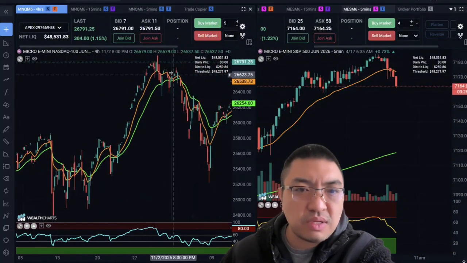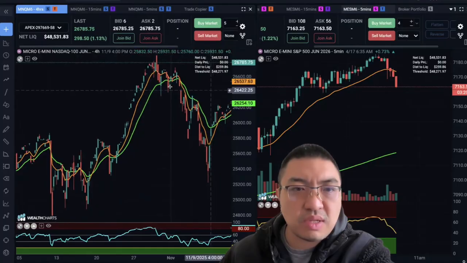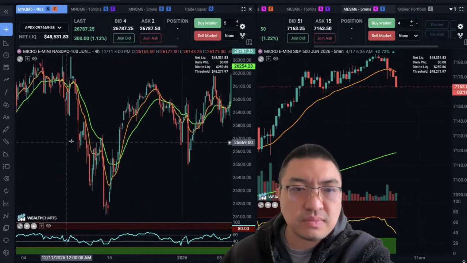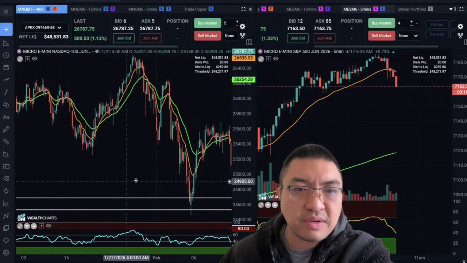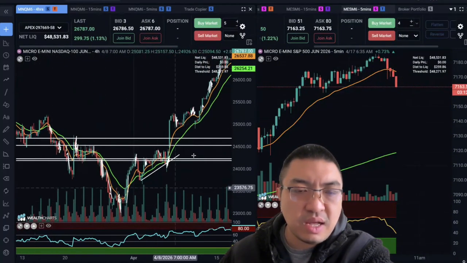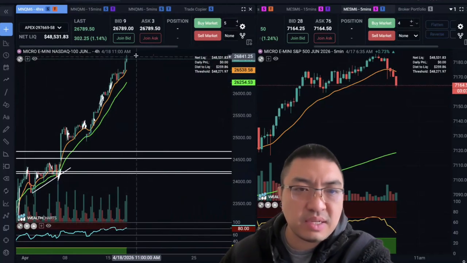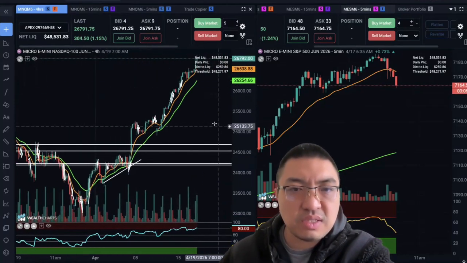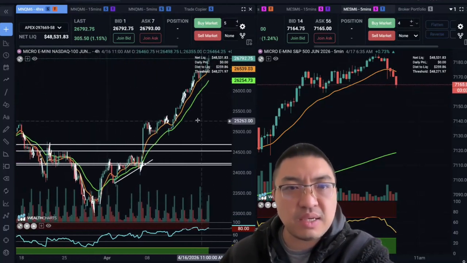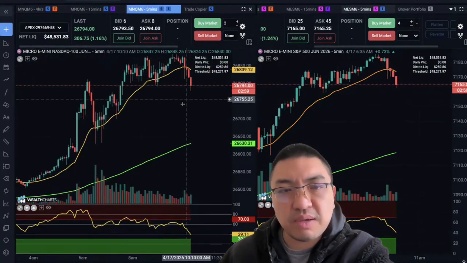This is probably the all-time high, very close to the all-time high, and it fell back, going downtrend. In the past 2 weeks it just bounced back here, approaching the all-time high. So either way is possible. It can drop or it can go up.